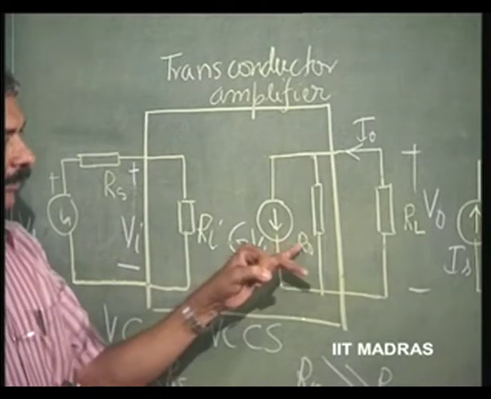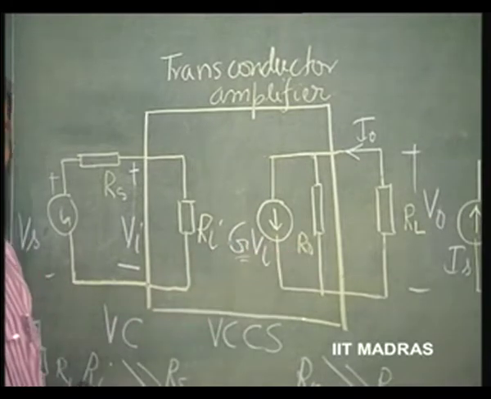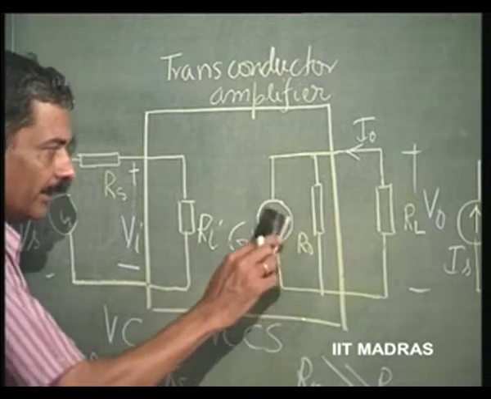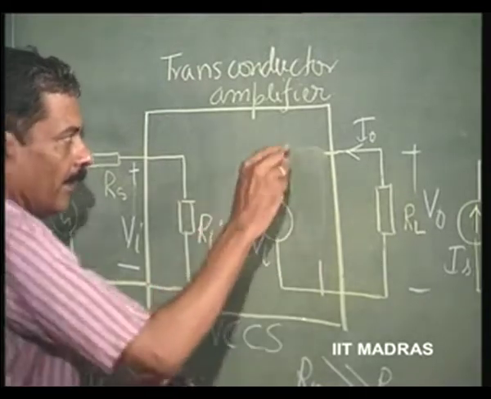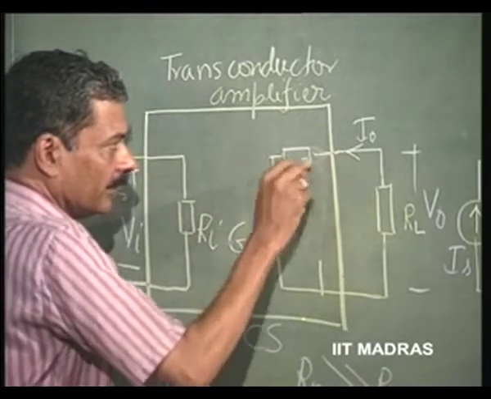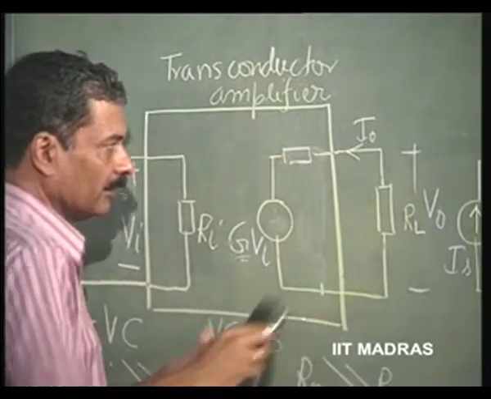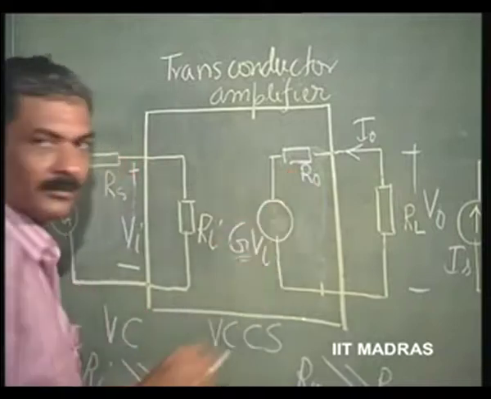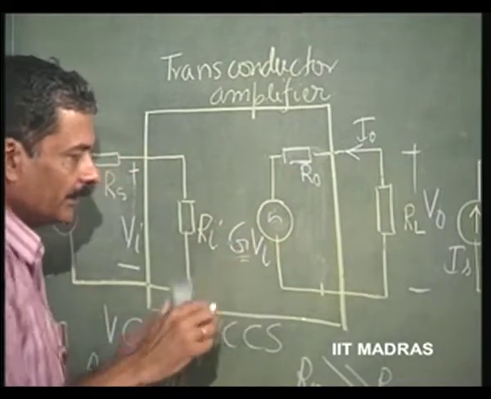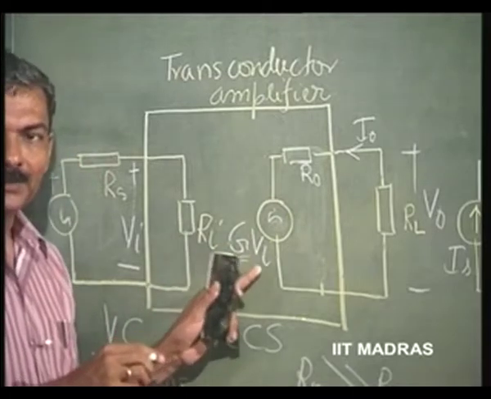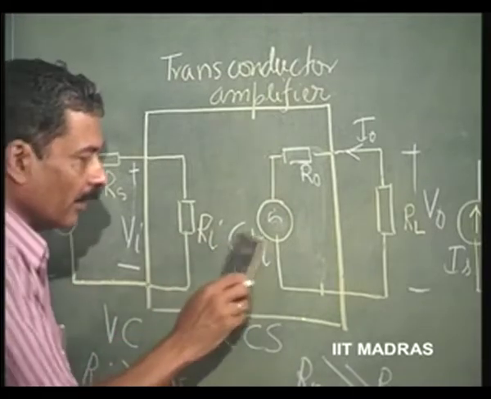G times Vi shunted by R naught can be represented as a voltage source in series with the same resistance R naught, okay. But this voltage is now going to be G times Vi into R naught.